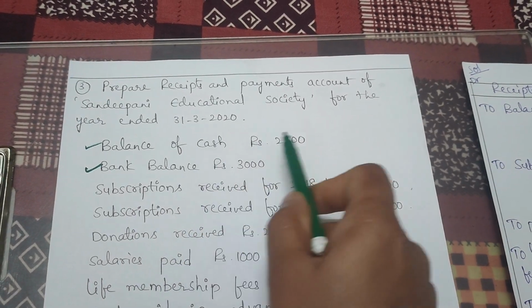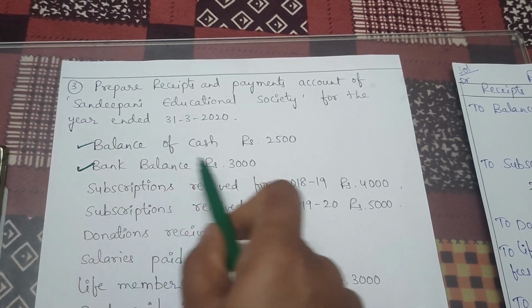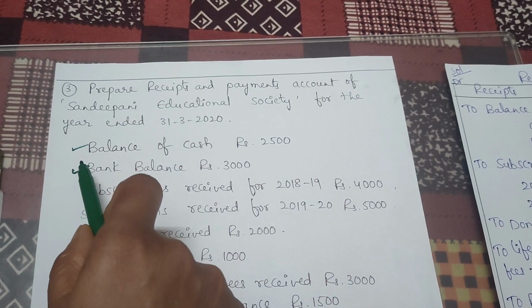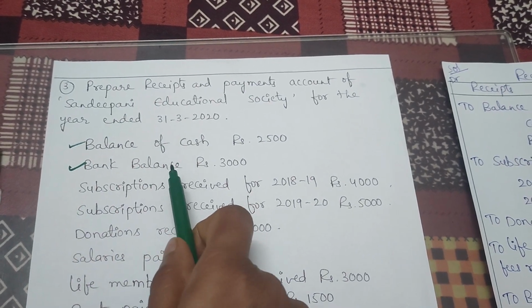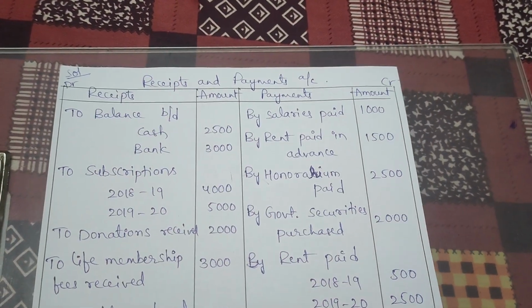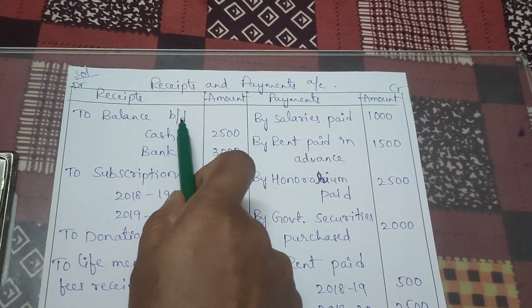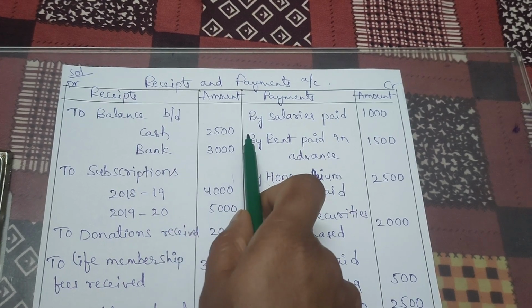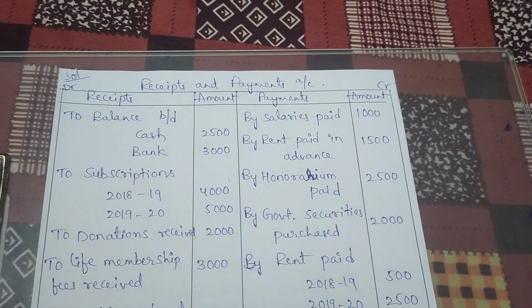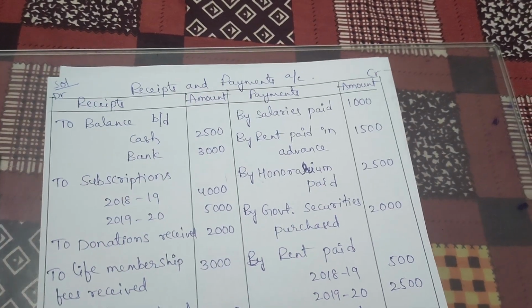So these two, cash 2500, bank 3000. Since these are balances given in the first place, these are opening balances, and we should record them on the debit side as the first item. To balance brought down, cash 2500, bank 3000. Let us see other items.